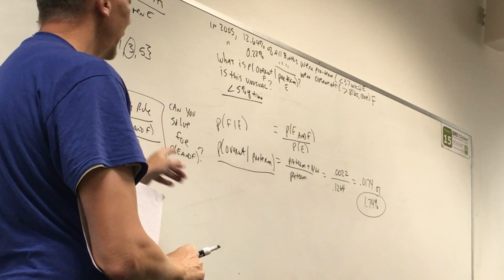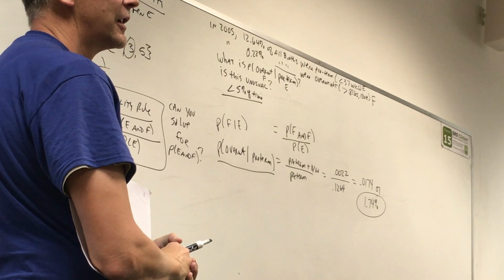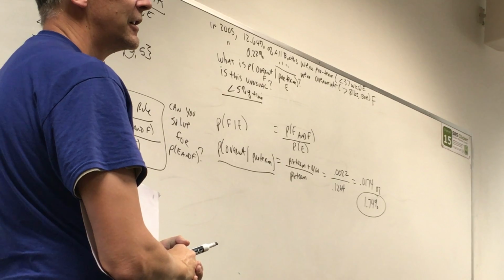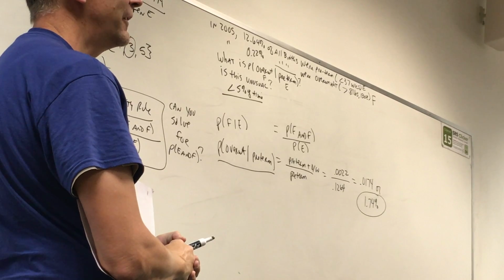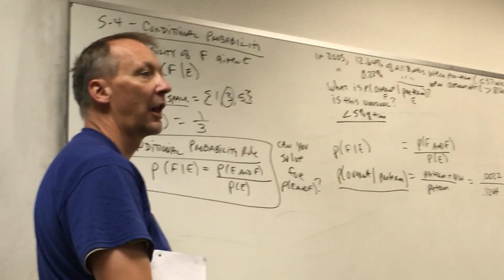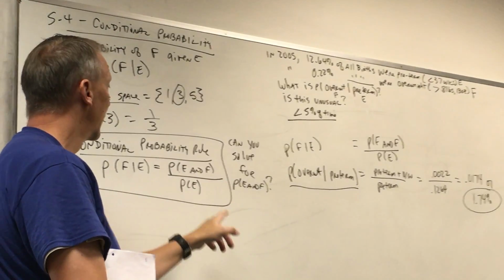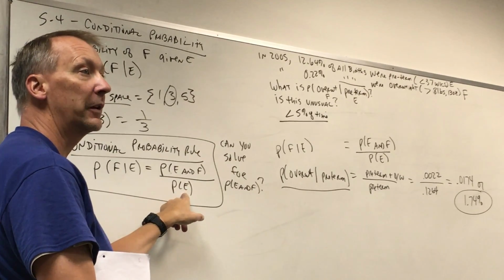If it were possible, how would you do it? Just a little bit of algebra. You would do what? We're trying to solve for just this. You multiply both sides by the denominator, right?